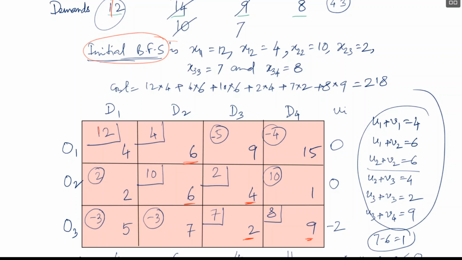Yes, we have evaluated delta ij's for all the non-occupied cells, and as we see there are so many positive values of the Zj minus Cj's, that is delta ij's, this one and this one. So this solution is not optimal, that is there is possibility of reducing this total cost to 118.